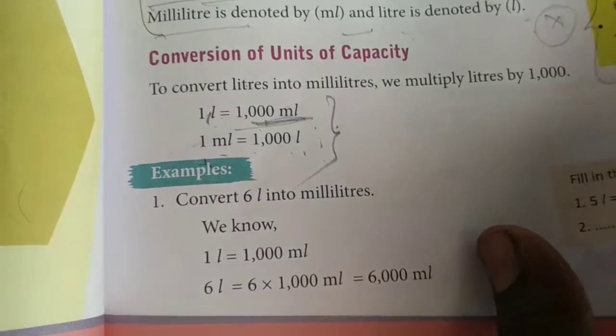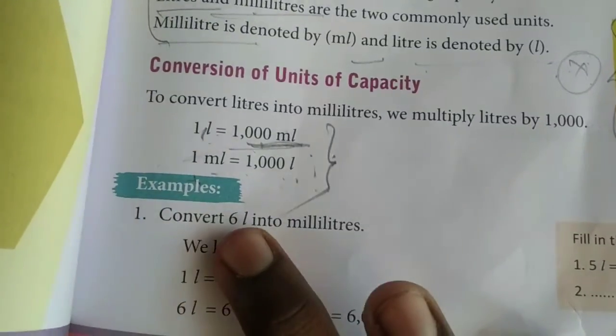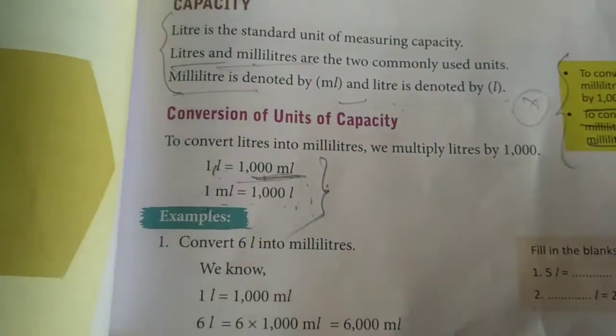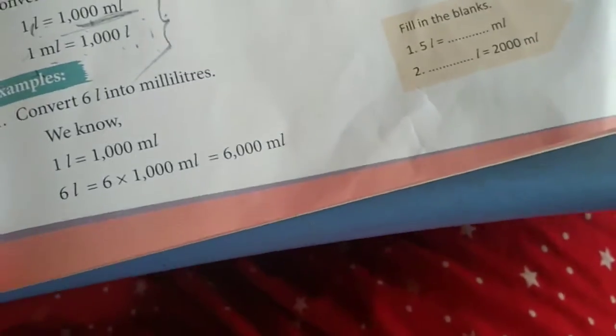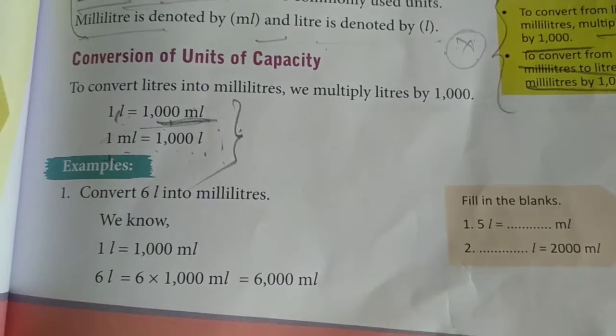Here also, if you want to convert liter into milliliter, that is conversion of higher to lower, what do you do? You should multiply by 1000. 1 liter is equal to 1000 milliliter.